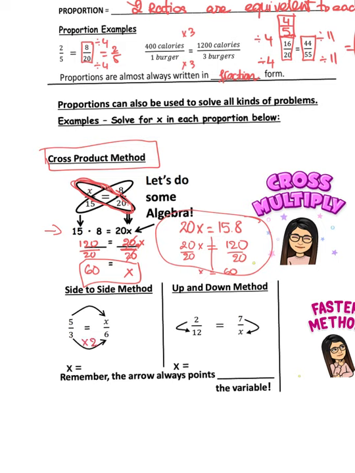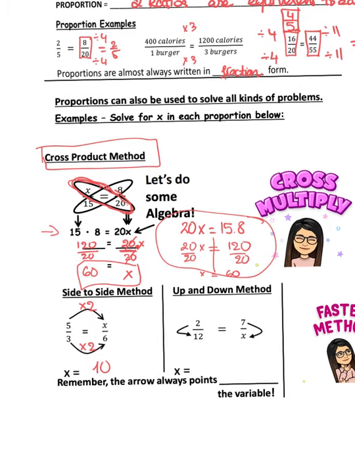So if 3 goes into 6 2 times, 5 will go into x 2 times. So we have 5 times 2, your x will be 10. How can we check your work? You can plug it in here: 10 over 6, and then reduce it, you will have 5/3, which is this one. So x equals 10 is good.